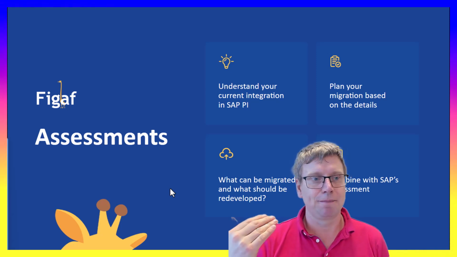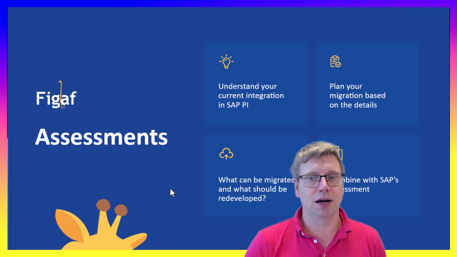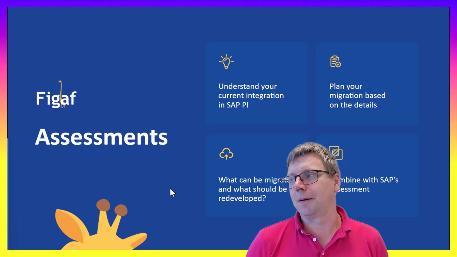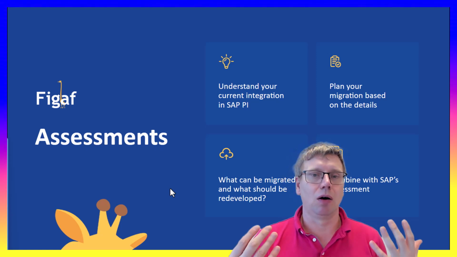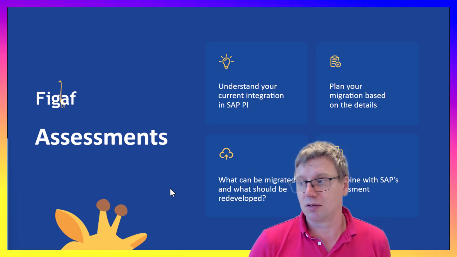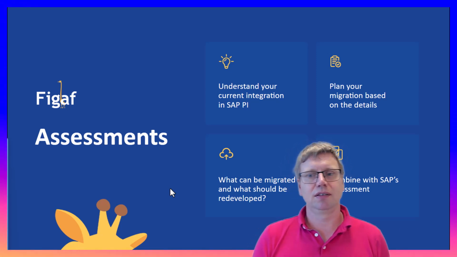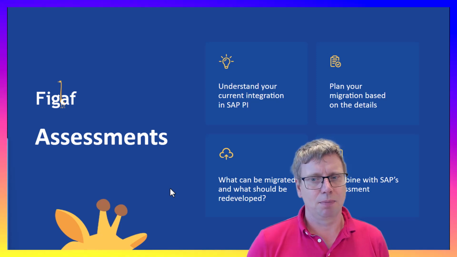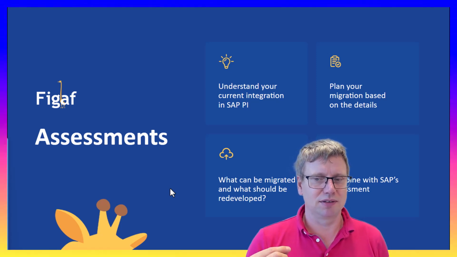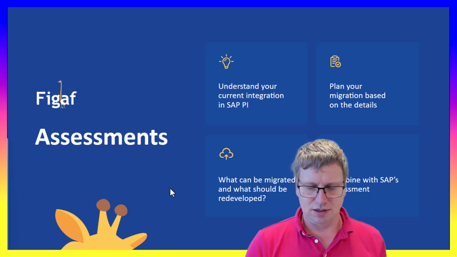So this report is about understanding what your current PI system looks like. What are all the different details of this? And obviously, if you run the SAP assessment, combine it, figure out what's the best details that you can get from this. But I think one of the key aspects that this is providing is, and I think we will see it here.